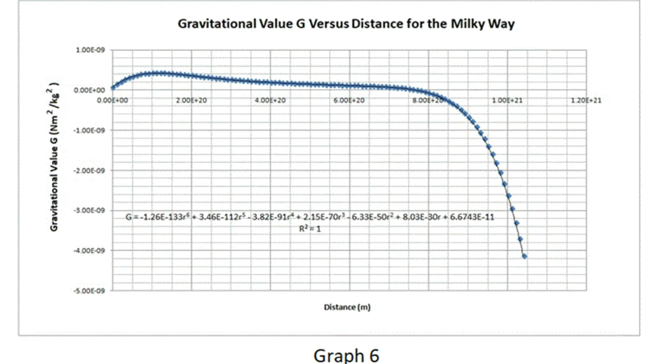This graph 6 uses equation 16 to extrapolate beyond the range of the original data presented in table 1. Notice that at some point, at about 7.7 times 10 to the 20th meters, the curve dips below the horizontal axis. In other words, the value of g becomes negative.